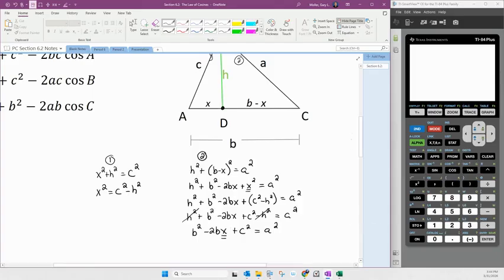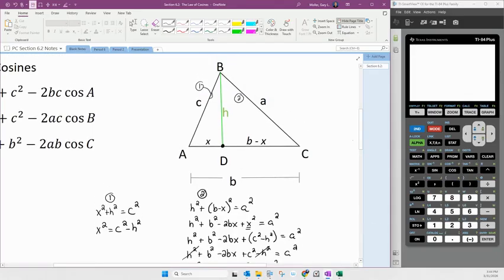So I'm going to go back and look at my problem. And I'm looking here at this triangle, and I'm seeing the x, and I'm seeing the c and the h, and I'm noticing that if I did the cosine of a, I could write the cosine of a is equal to x over c. I wouldn't want to use the tangent because that would include the h and the x. And again, my goal here is just to remove all these fake variables I plugged in and just have the a's, b's, and c's.